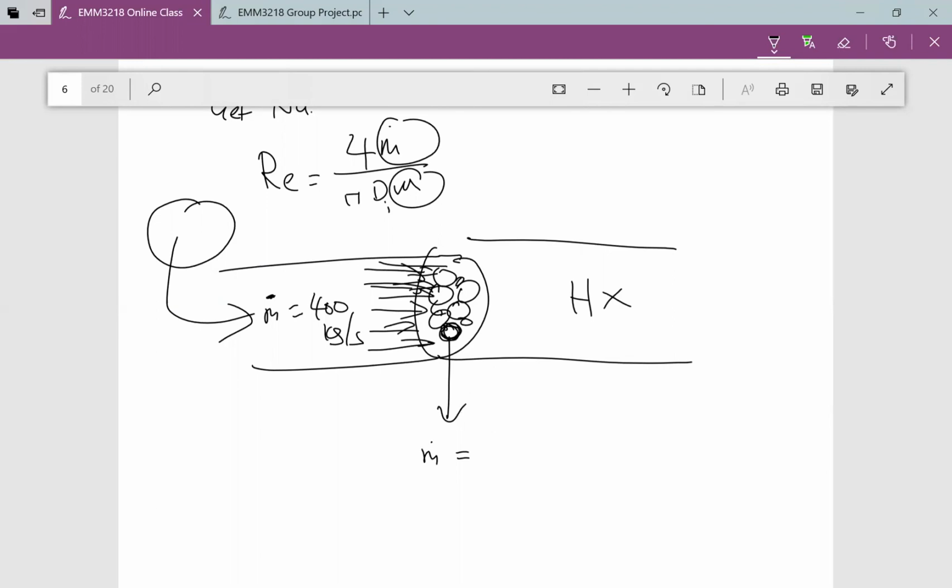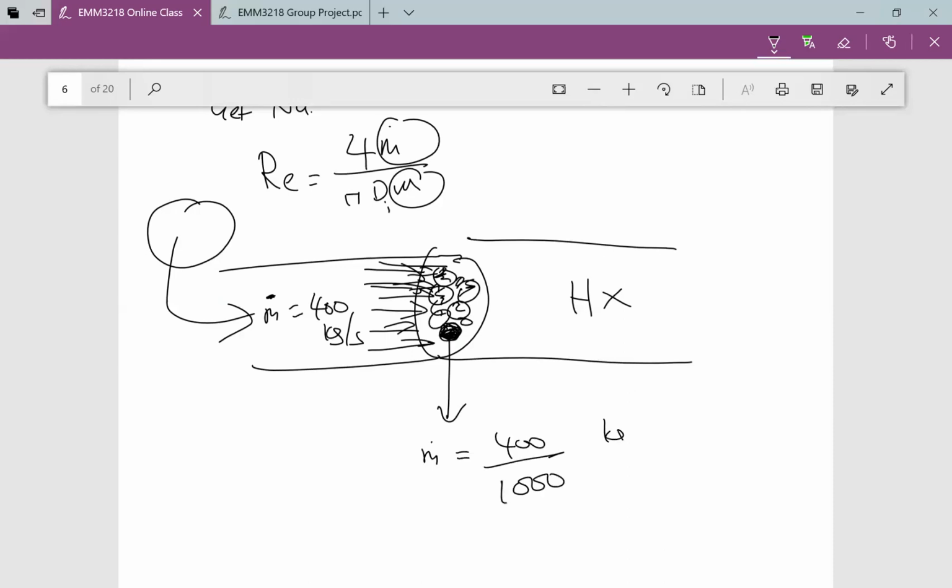So this water is flowing, and logically, without any blockage or anything, they will have equal opportunity to flow inside those 1,000 tubes. Okay, so some of it goes to the first tube, then the second tube, third tube, and so on. So they are actually equally divided. Okay, then each tube will get 400 divided by 1,000.